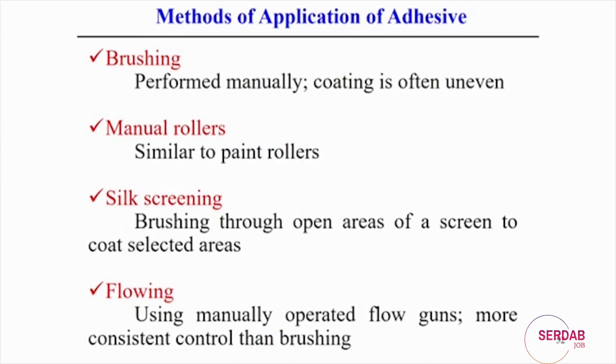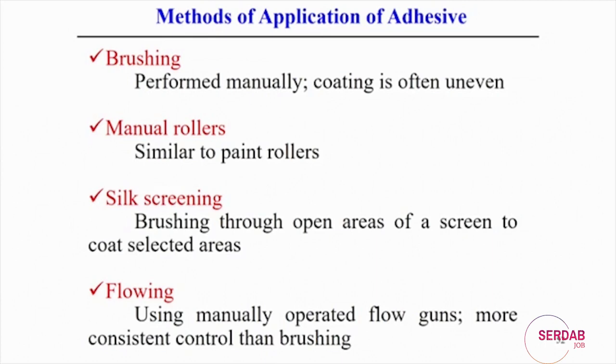Sometimes we can use a manual roller, similar to a paint roller, but in this case we can definitely maintain the smoothness of the surface. But since it is done manually, there may be a possibility of variation of the thickness also. Silk screening is sometimes another methodology for application of adhesives.